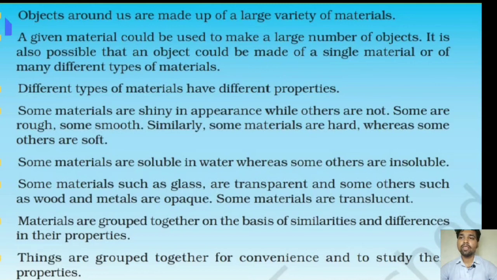A given material could be used to make a large number of objects. It is also possible that an object is made of a single material or many different types of materials. This point has already been discussed in the lecture, that some objects are made of a single material and some objects are made of multiple materials.